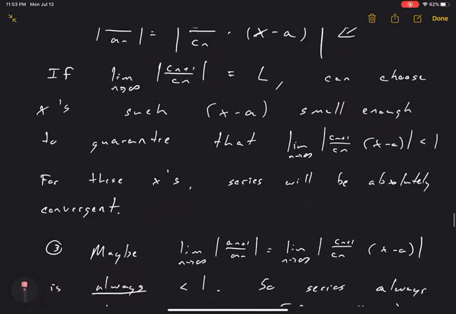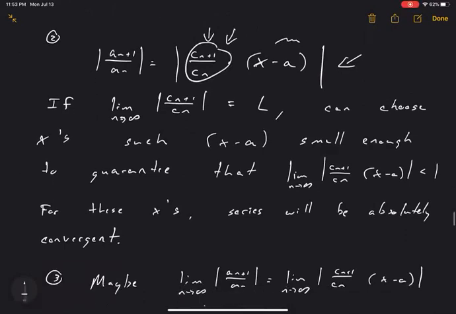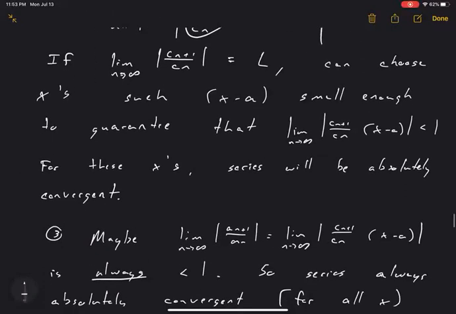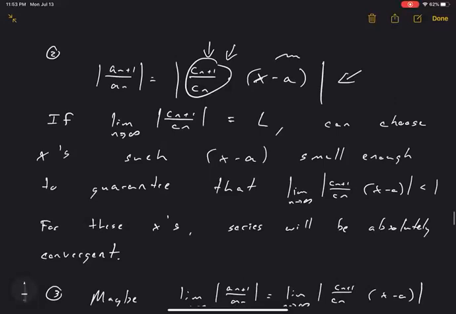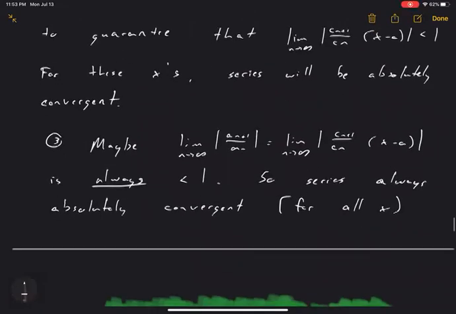So as long as these coefficients have a limit, I can choose my x's carefully and make sure that the limit of the ratio test is less than 1, and my series will be convergent for all those x's, right? So that kind of gives me an interval where my power series is going to be convergent.